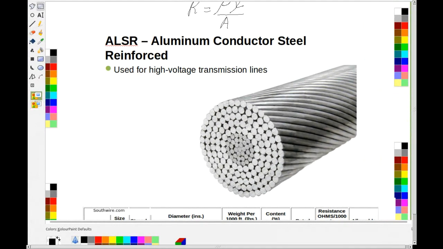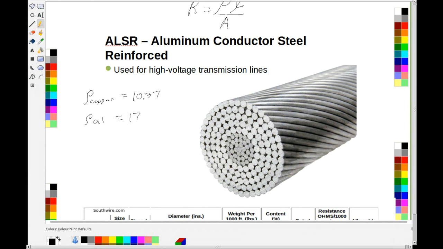Okay, copper had a resistivity. The resistivity of copper was something like 10.37. The resistivity of aluminum is something like 17. All right. I don't remember the exact values, but it's going on almost twice as much resistance in a piece of aluminum wire of the same diameter that you would have in a piece of copper wire.